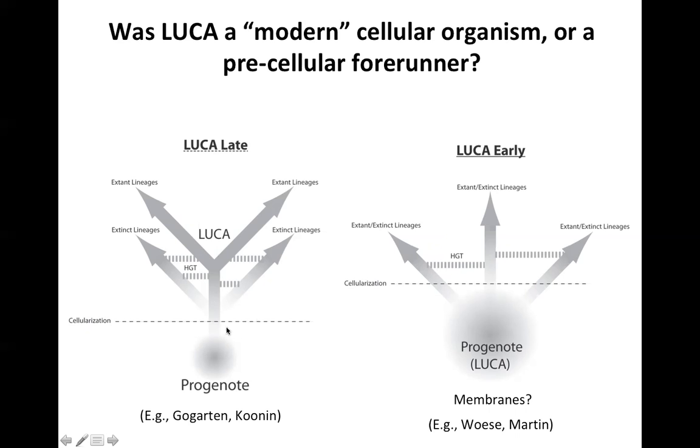And the very early stages of life that may have preceded Darwinian inheritance and cellularity belong to some distant age before LUCA. Alternatively, there's a LUCA early model where this progenote, or this pro-Darwinian living system, really is synonymous with LUCA, and cellularization and reaching this Darwinian threshold occurred independently in lineages leading to archaea and bacteria. That's another set of questions that have yet to be completely resolved.